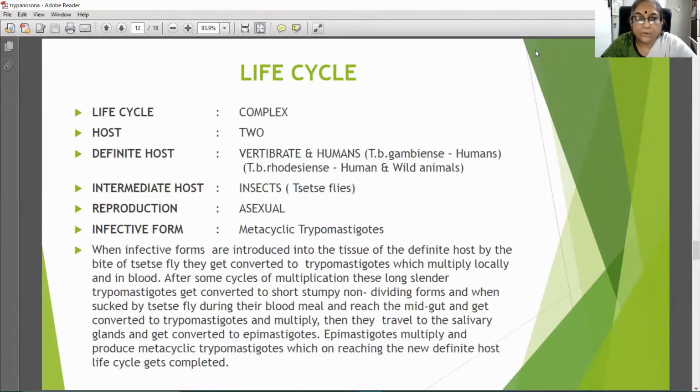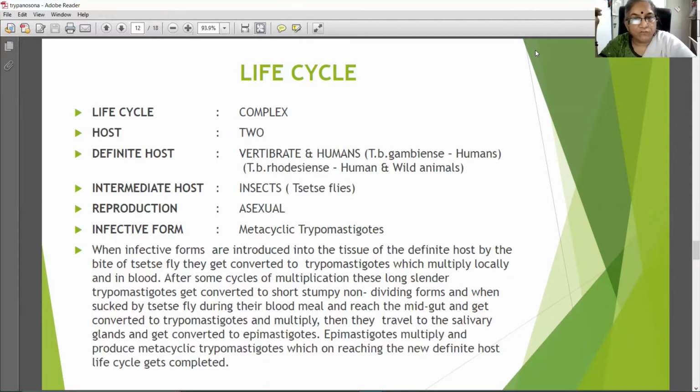The intermediate host is the tsetse fly. The T here is silent. That's why we pronounce it as tsetse fly. Reproduction is asexual and the infective form is the metacyclic trypomastigote.